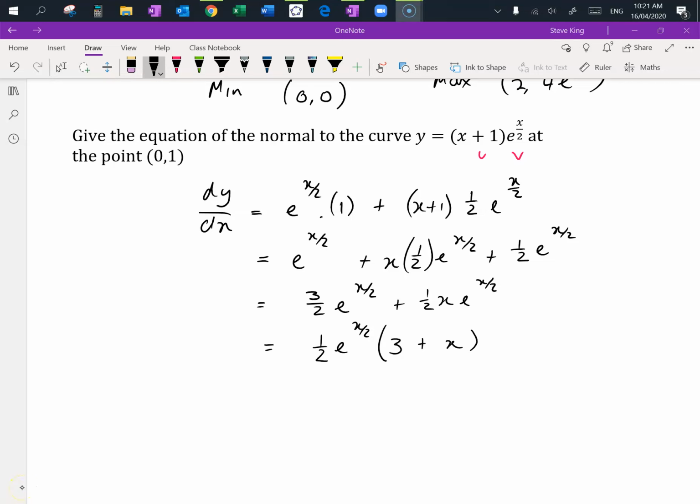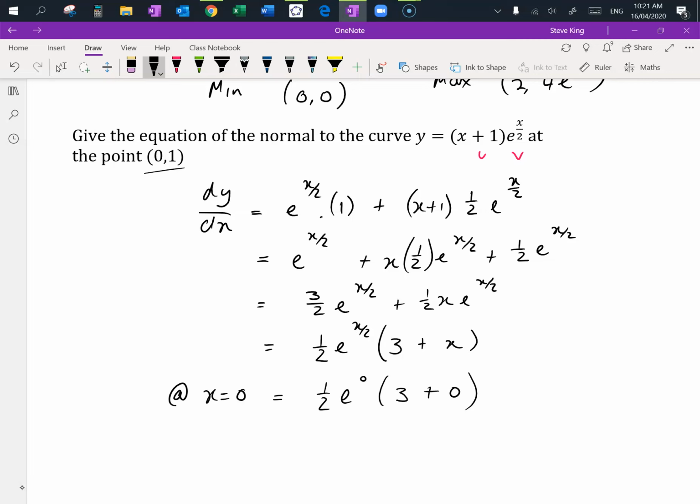Now in this example, I don't want to find a turning point or a stationary point. I want to find the normal to the curve at this point over here. So I need to see what is the gradient at x equal to 0. At x equal to 0, what am I going to have? I'm going to have a half e to the 0 times 3 plus 0.